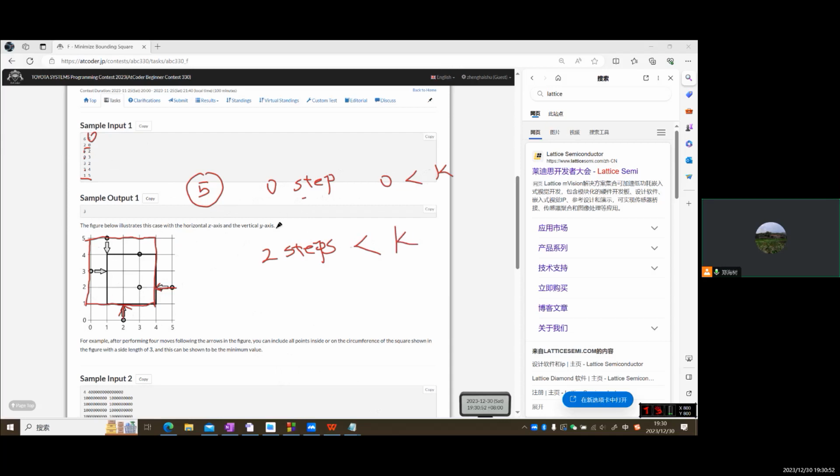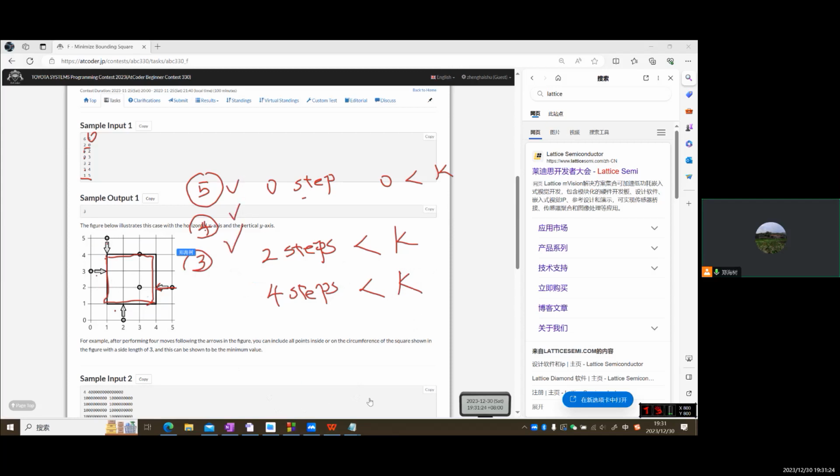K is 5, so the side length 4 is okay. Now here the length is 3, and we need to move 4 steps. It's less than k steps, so it's also okay.